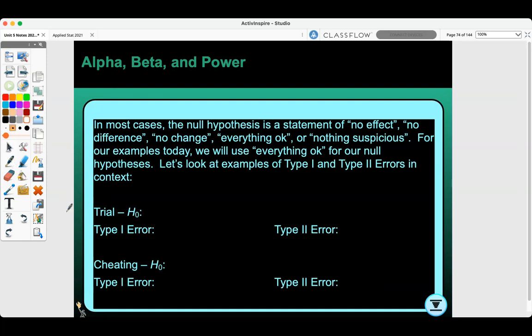For example, if we talk about the trial, our null hypothesis would be innocent. Type 1 error would be convicting an innocent person.